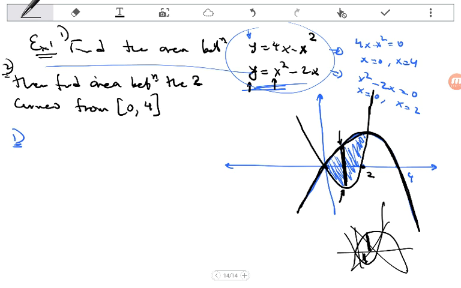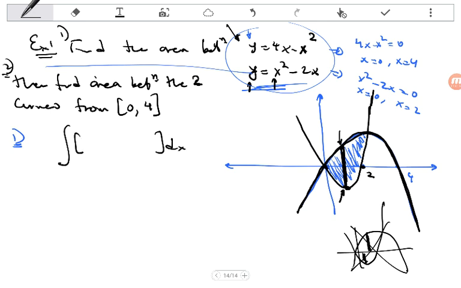When I define a strip, I define it between two bounding curves. If the x-axis was one of the bounding curves, I would put the strip ending on it. But it is not the case here. Okay, so the integral will be dx.